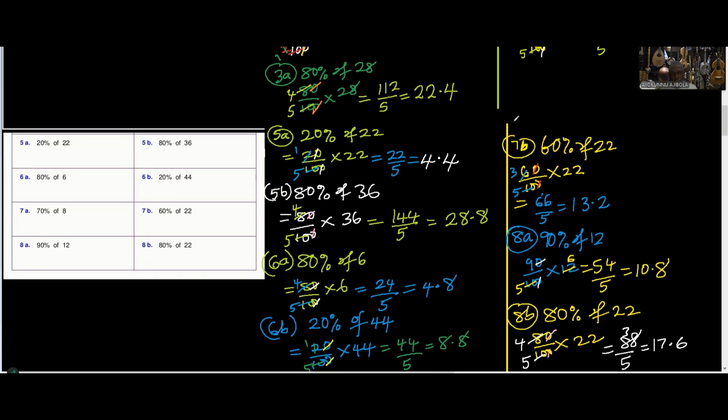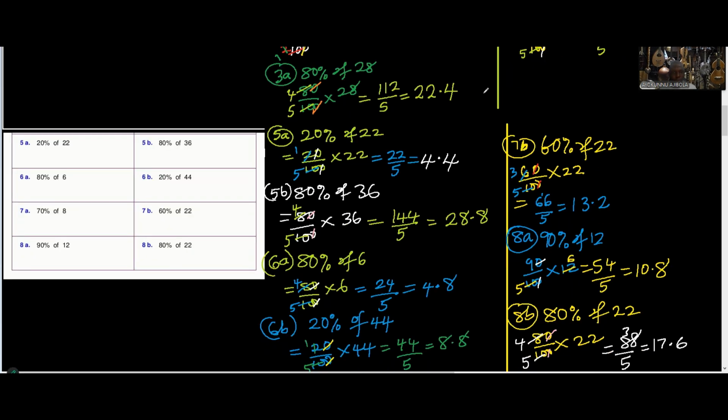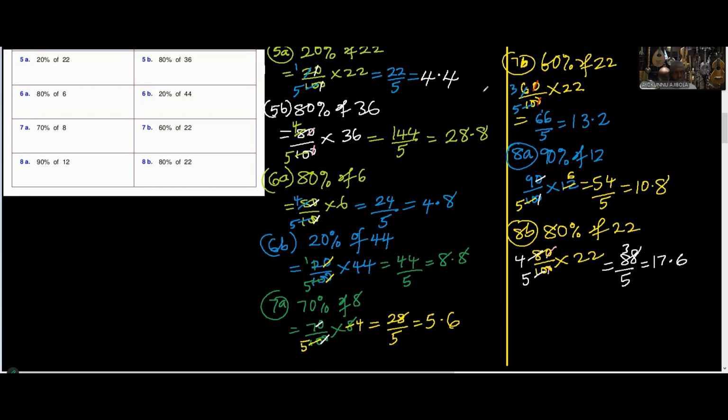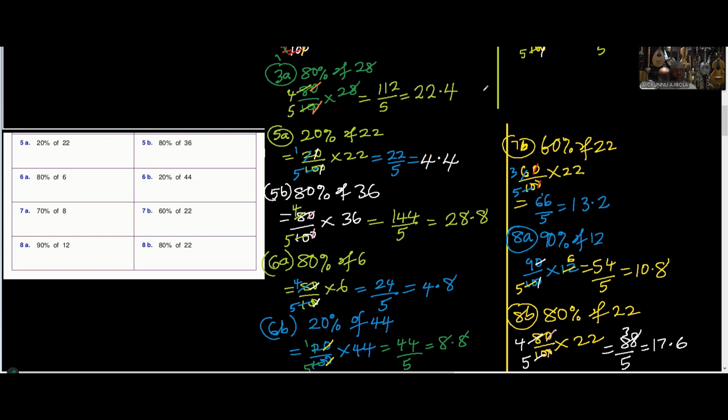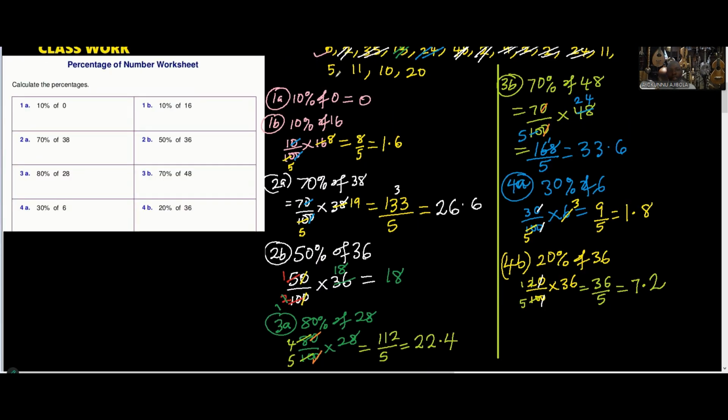Then I have 4.8 and 8.8. Those are still not correct. Then I have the next one, which is 5.6, 13.2.